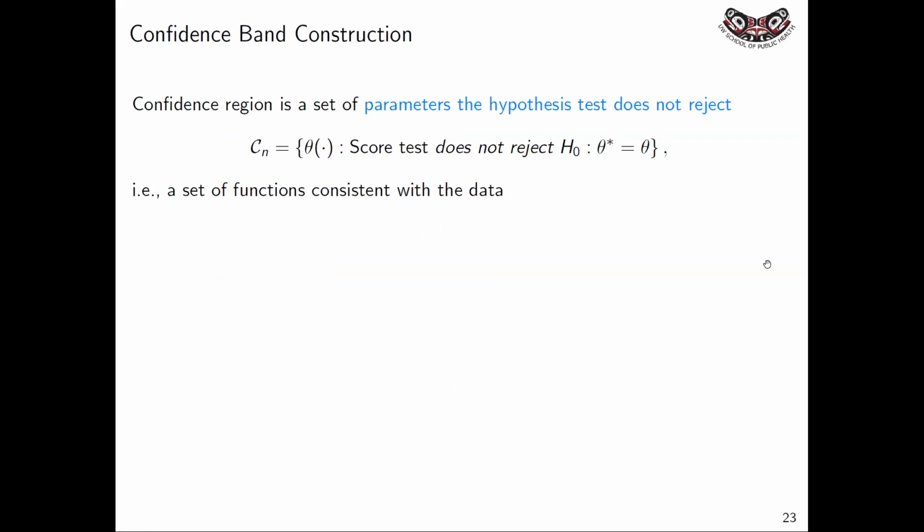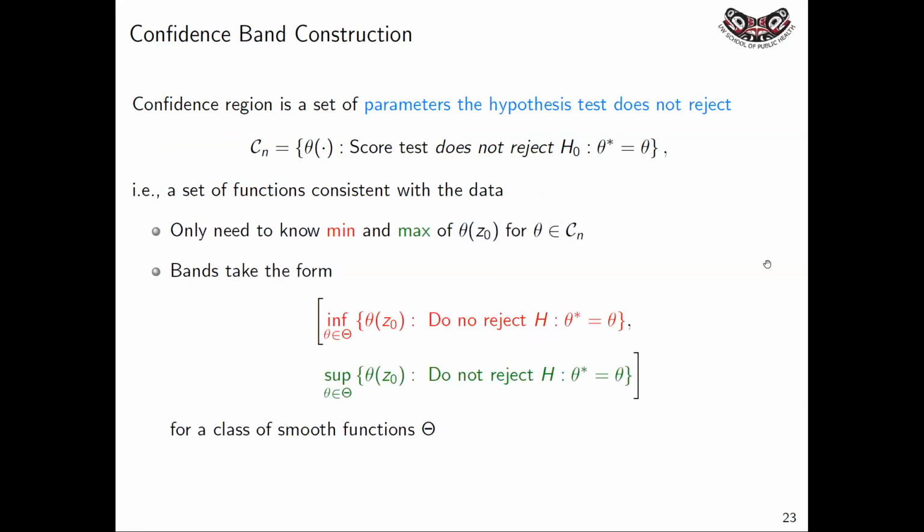Same thing that we always do. And in fact, it turns out that for the minimum and maximum of this set, we don't need to look at all of them. The minimum and maximum could actually be obtained directly by optimizing over this class. So we could optimize over some class of theta functions to get the minimum and maximum, and that gives us a confidence band.